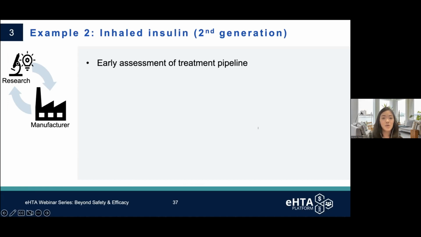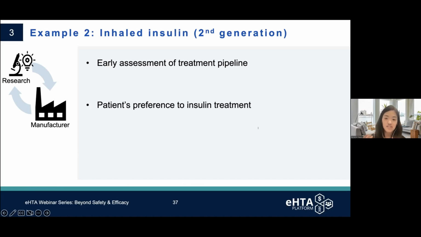So, for example, in the time it took Mankind to resubmit a new request to the FDA, maybe they could have used, I don't know, early health technology assessment to assess the future pipeline and see the treatments that had been developed while they decided to run their trials. Or maybe both companies could have run what we call patient preference studies.